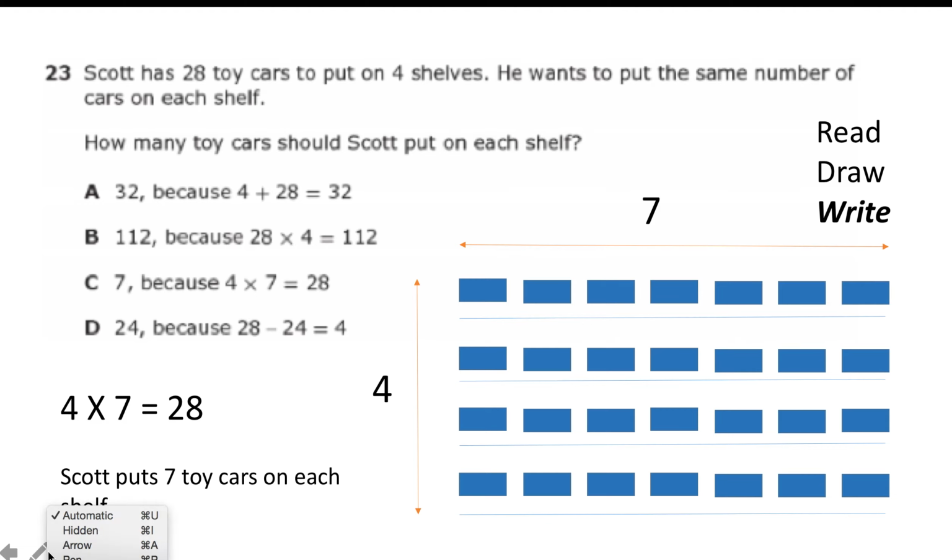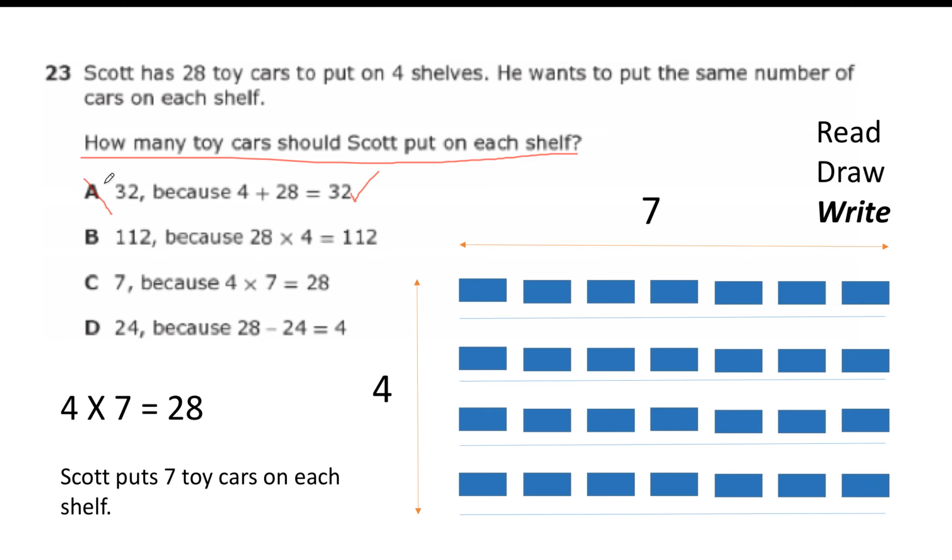We can use our pen to eliminate wrong answers. So, remember, the question is, how many toy cars should Scott put on each shelf? A, 32, because 4 plus 28 is 32. Okay, well, 4 plus 28, that is 32, but is 32 the answer? Is that how many he puts on each shelf?